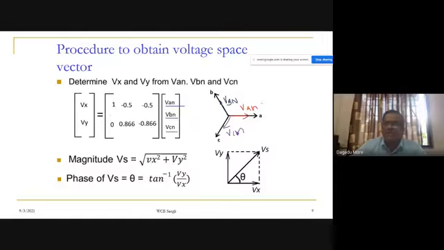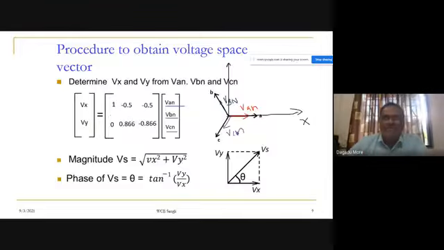We have to resolve these three voltages along the x-axis and along the y-axis, and sum the quantities.